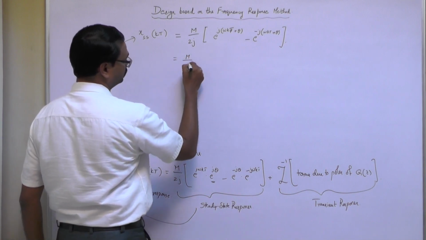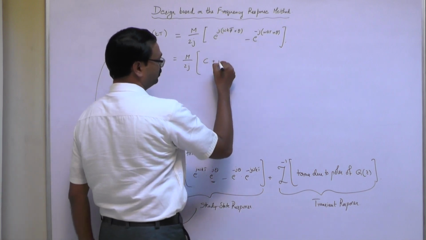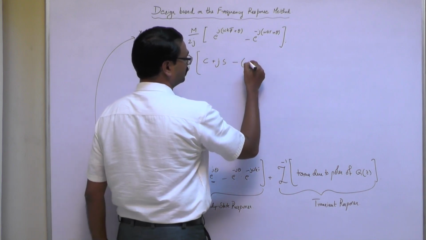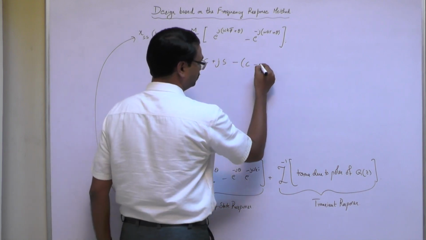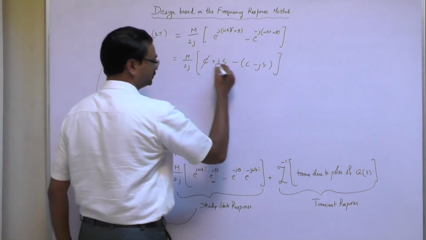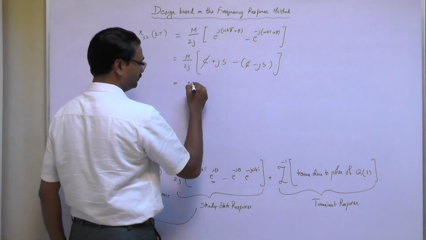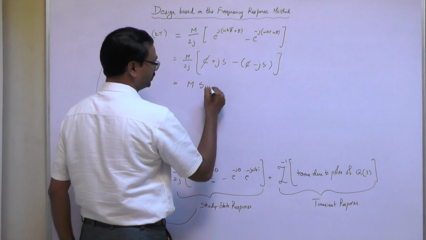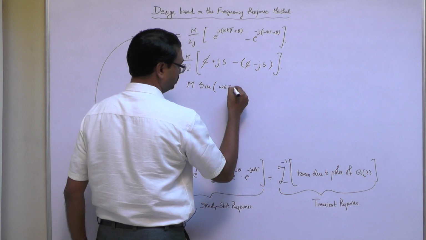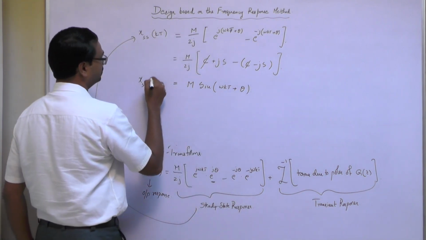M by 2j into cos(ωkT+θ) plus j sin(ωkT+θ) minus cos(ωkT+θ) minus j sin(ωkT+θ). So cos and cos get cancelled, 2j and 2j get cancelled, and we are left with M sin(ωkT+θ). So this is our steady state response.